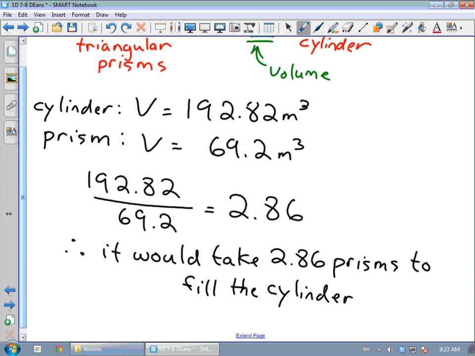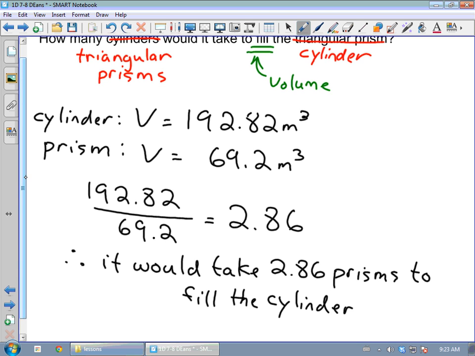We want to make sure that the statement we write at the end answers the question that was originally asked. We asked how many prisms it takes to fill the cylinder. It takes 2.86 prisms to fill the cylinder.